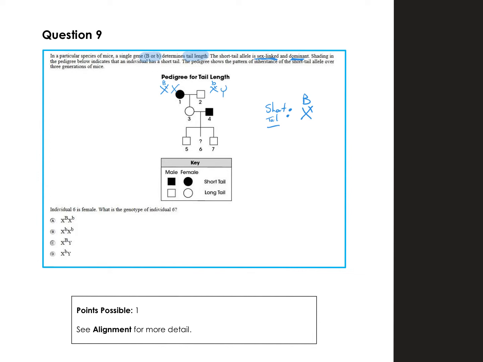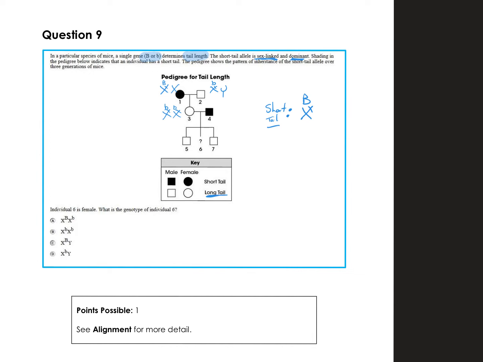Okay. Now they have a daughter that has two X's, and she's long-tailed as well, which means she has to have two little b's. How do I know she has two little b's? Because if she had a big B, she'd have a short tail.